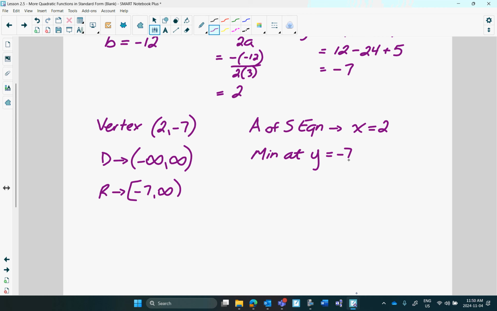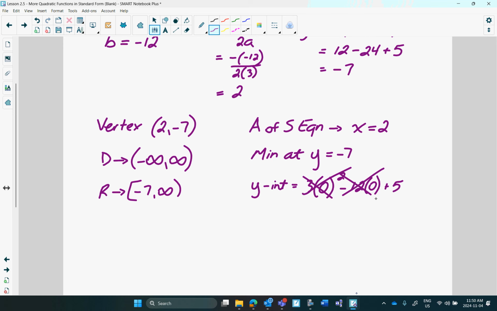And finally, the y-intercept. I think that's everything I was asked, was it? Well, now you have to go back to the function and plug 0 in every time you see an x. So 3 times 0 squared minus 12 times 0 plus 5. Well, these just become 0.